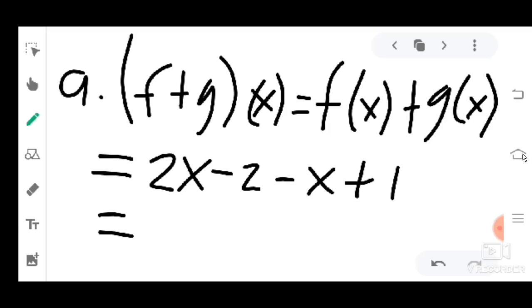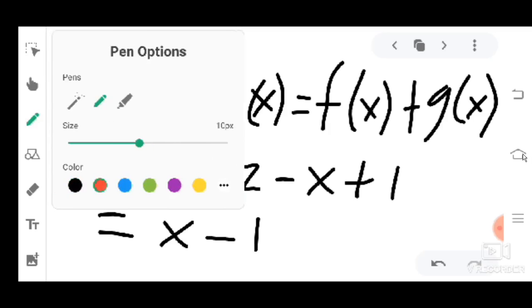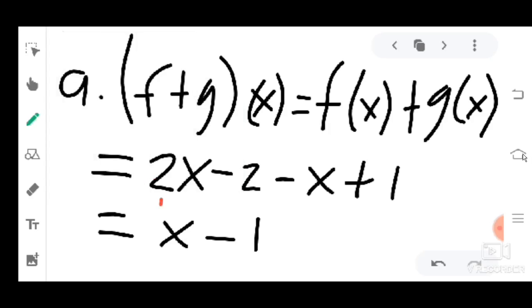You will combine like terms, so the 2x minus x is just x, while negative 2 plus 1 is negative 1. It means the answer in letter A is x minus 1.